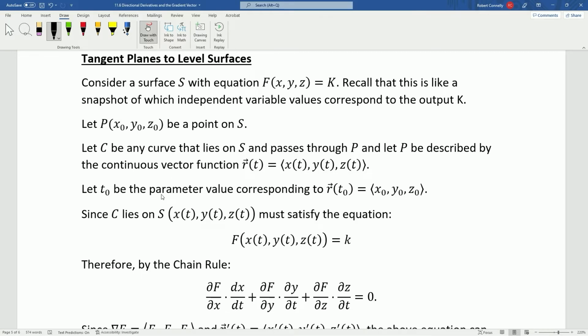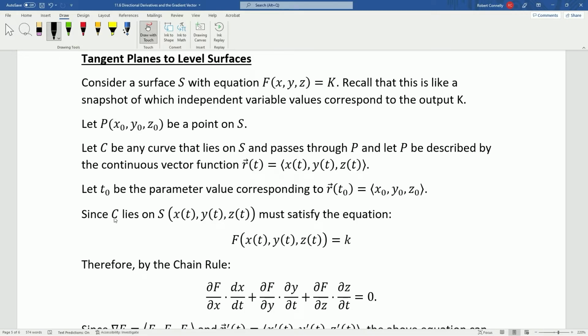Let t naught be the parameter value corresponding to r of t naught equals x naught, y naught, z naught. Okay, so P is some point on this curve. This particular point is described by this vector r of t naught.